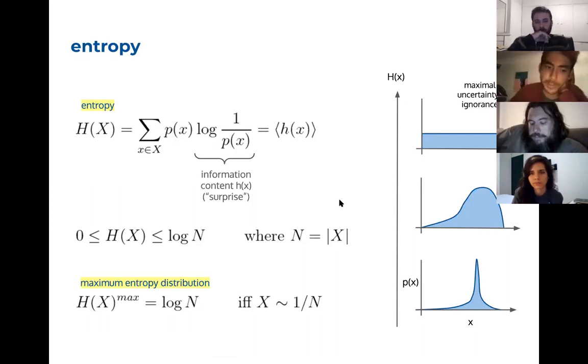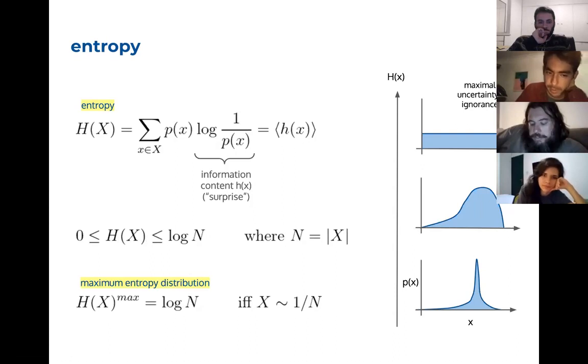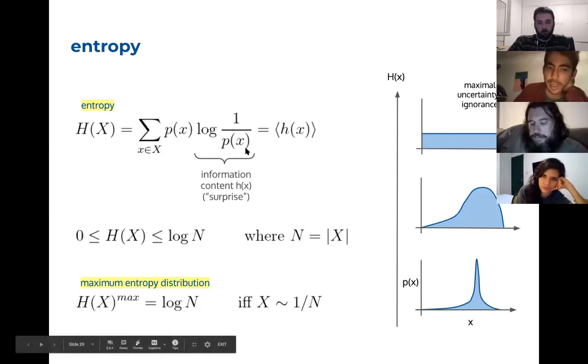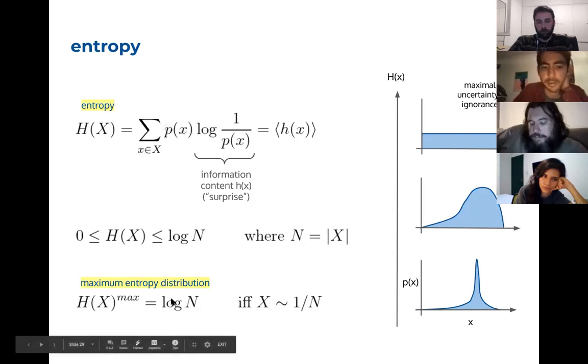So entropy. This entropy function is bounded and positive, and as I said, it's maximal for the uniform distribution. A uniform distribution is also called a maximum entropy distribution, and it's equal to log n, because if you put 1 over n in this formula, you get log n, and then you sum all the n terms of 1 over n, you get 1, and you are just left with log n.